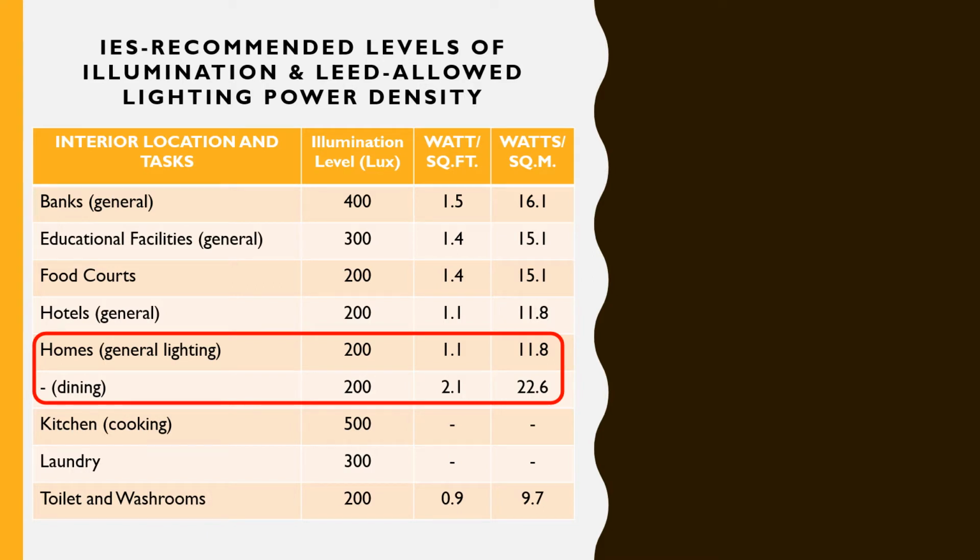So that means in any building or in any occupancy and in a particular area where there is a specific task to be done, or the area is intended for that task, there is always an illumination level. This is for the safety, for the convenience of the occupants or the people who will be using the area.